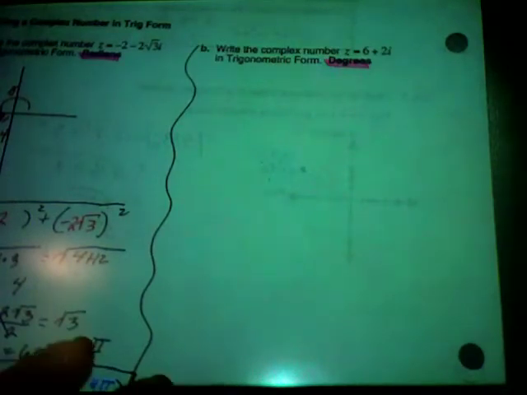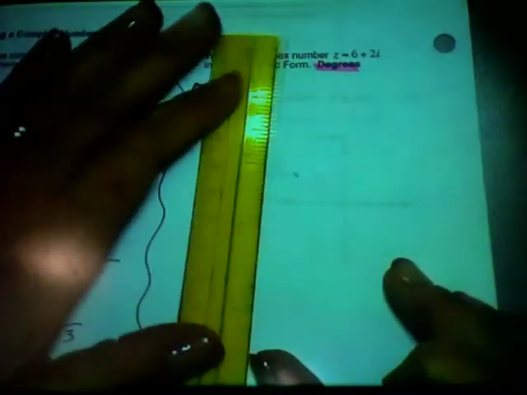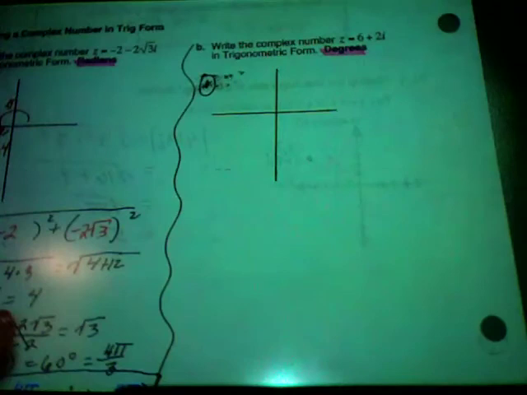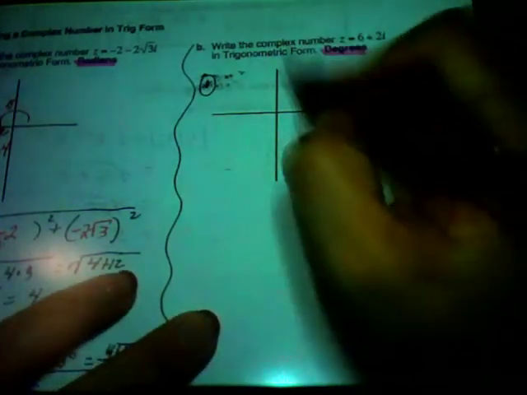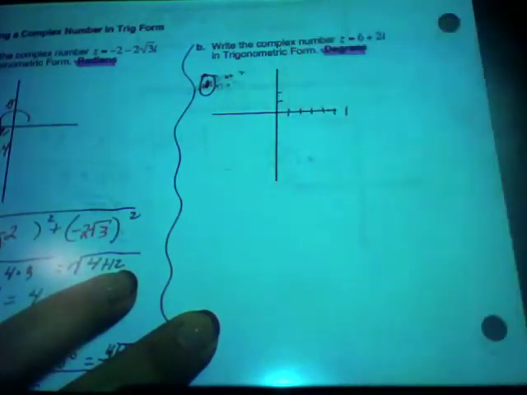All right, so then let's look at how it is different than degrees. The only thing that's different is your very last step. So we're going to find our number in the quadrant. This time I have a positive A and a positive B. What quadrant is that going to end up in? Yeah, so I'm going to go to the right 6 and up 2.